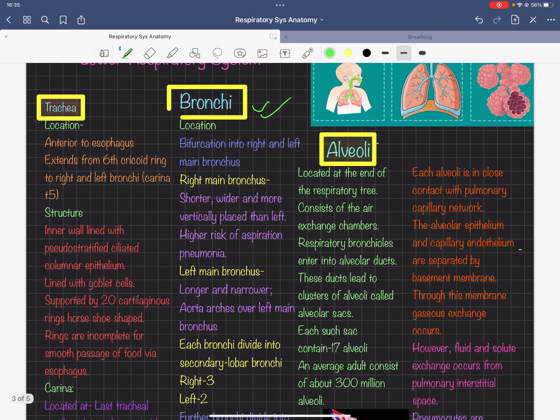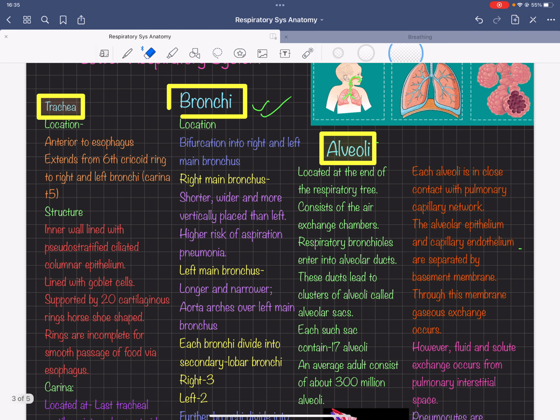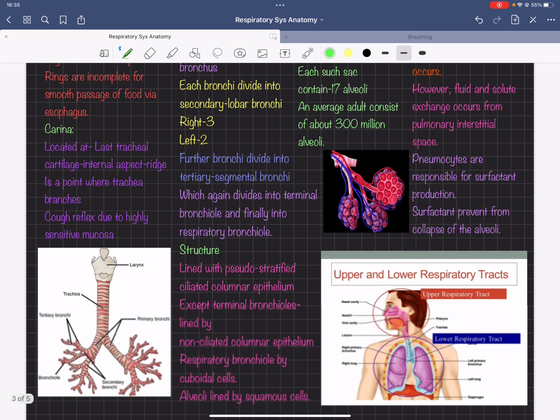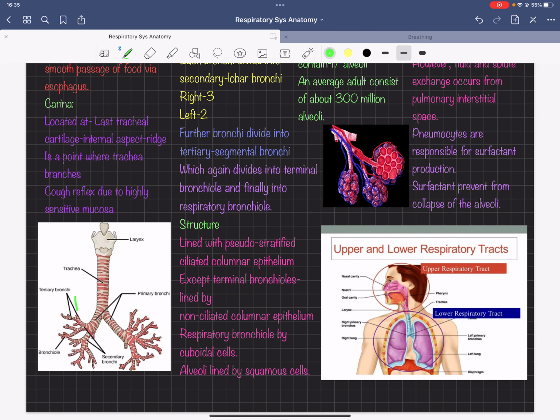Yeah, and this first bifurcation is known as the main bronchus. Then as they go down, they further divide into a large number of branch-like structures, and we can see that the bronchi that have bifurcated into the right side and the left side are quite different from one another.